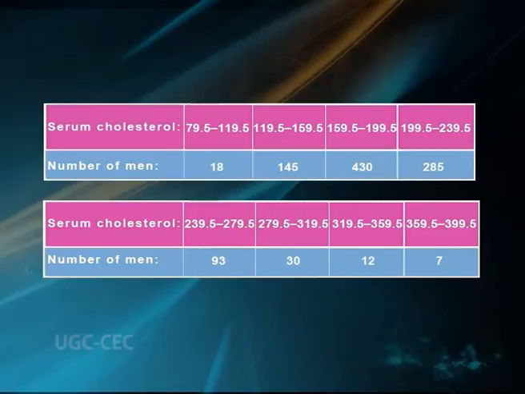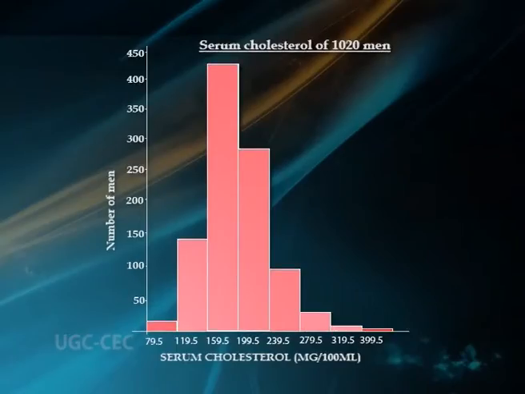Number of men as before: 18, 145, 430, 285, 93, 30, 12 and 7. Now consider serum cholesterol along the x-axis and number of men along the y-axis to complete the histogram, which is as follows. Serum cholesterol of 1020 men, along the y-axis number of men, along the x-axis serum cholesterol.